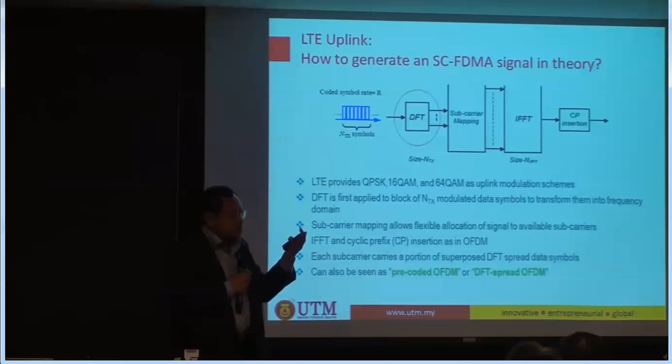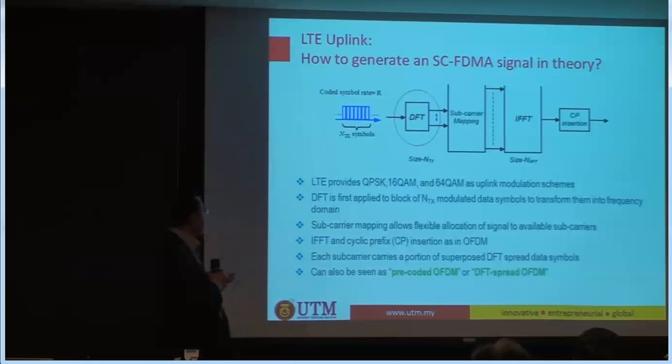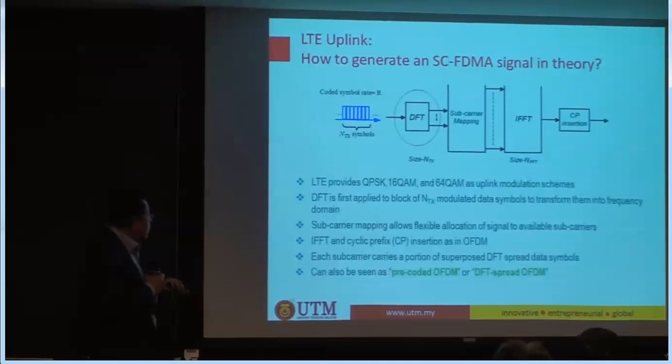You have 5 categories, and only category 5 can support all. Categories 1 to 4 go up to 16QAM; the downlink of course supports up to 64QAM. The DFT is applied before you go to the subcarrier mapping, because here it transforms the signal to the frequency domain.